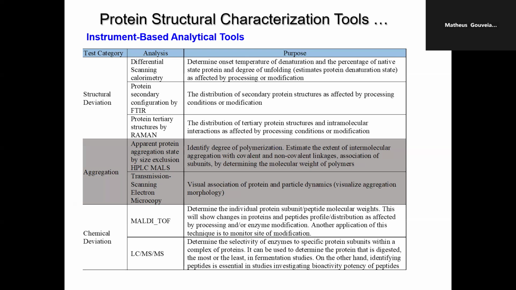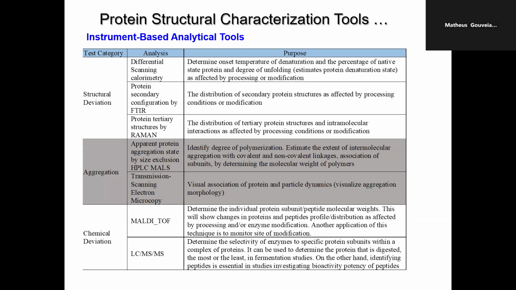We don't see denaturation, going from native state to native-like state is not something this method detects. But it also shows you if the protein is hydrolyzed, it will show the degradation, the breakdown of protein. I'll give you an example on that.